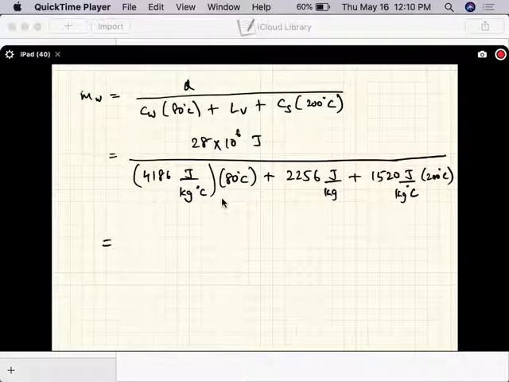No, that doesn't sound right. It's kilojoules. 2256 kilojoules. Not just joules. Is that better?